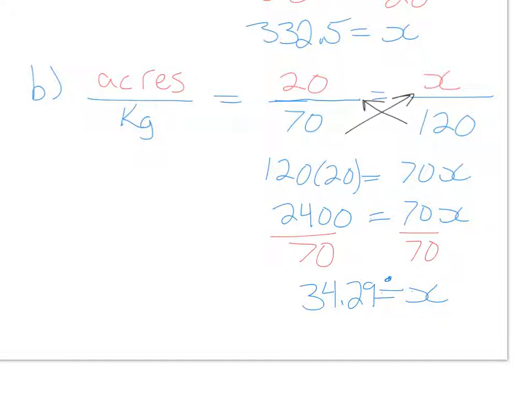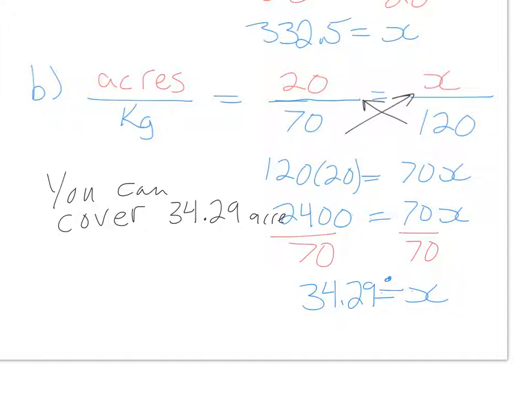So basically, if you have 120 kilograms of fertilizer, X was how many acres, so that means that you can cover 34.29 acres with 120 kilograms of fertilizer.